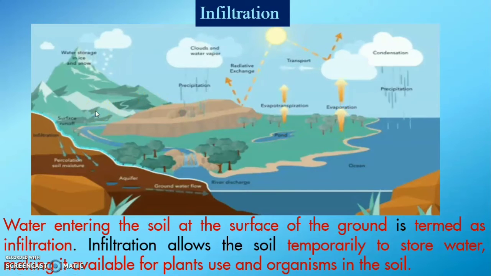Next, let's learn about infiltration. Children, infiltration is the next component in the hydrologic cycle. So what is infiltration? See children, infiltration is the process by which water on the ground surface enters the soil.